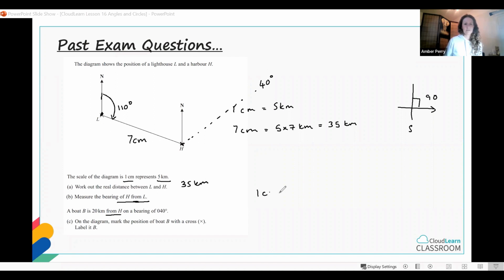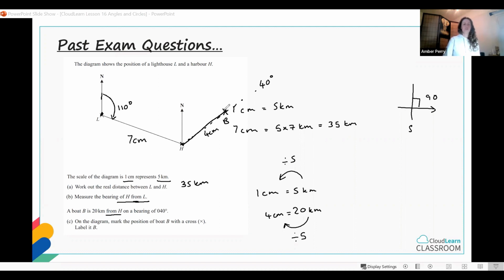So if 1 centimeter is equal to 5 kilometers, for 20 kilometers we're dividing by 5 there, aren't we? So it's going to be equal to 4 centimeters there. Okay, so to go that way, divide by 5. To go this way, divide by 5. Okay, so I would need to draw 4 centimeters of that line, nicely neat with a ruler, put my cross, and that is where my boat B is.